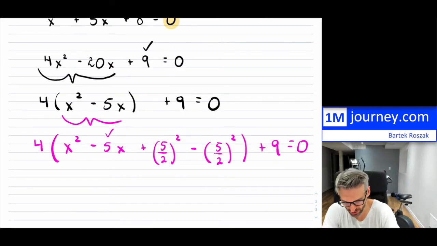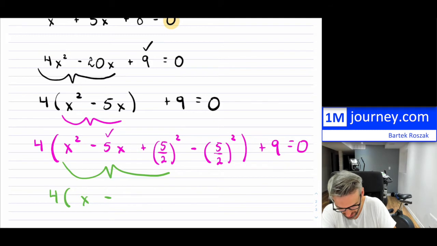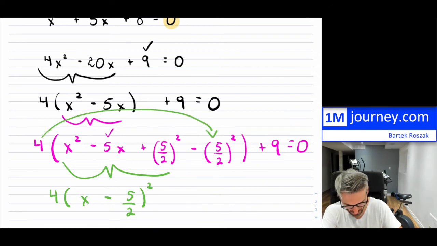Now, completing our square, so this is going to be now a perfect square. So that's going to turn into, now the 4 stays outside, so 4 times x minus 5 over 2, squared. This 4 is going to have to multiply this right here.